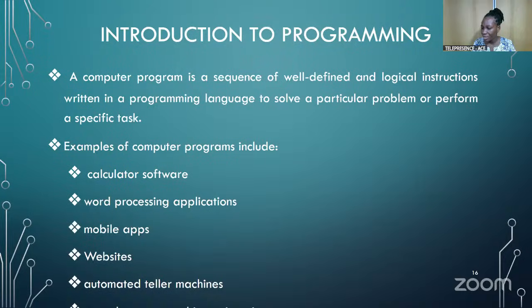We have several examples of computer programs: calculator software, word processing applications, mobile apps, websites. Any software you want to think about has been programmed using a particular programming language. Also, every hardware that you see is controlled by a particular program, a set of instructions. That is why when you swipe through your smartphone and click on message, there's a particular response.